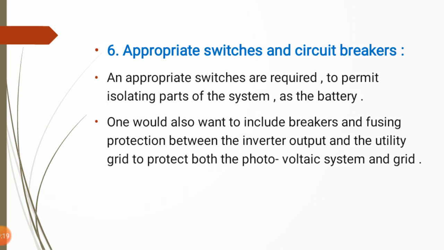So in between them we require breakers or fusing protection, so that we can protect the solar array or photovoltaic system and the grid from different parameters which damage the photovoltaic system and the grid. So this is the use of circuit breakers and fusing components.